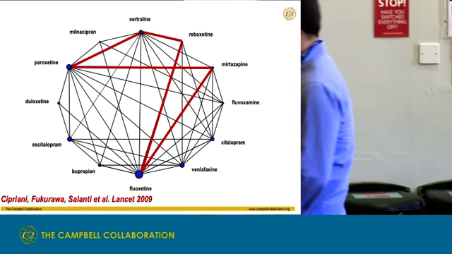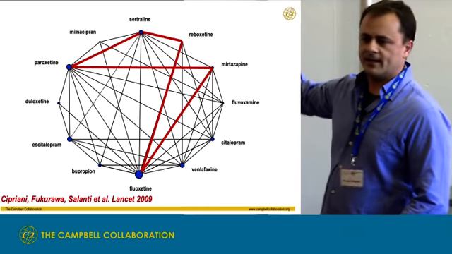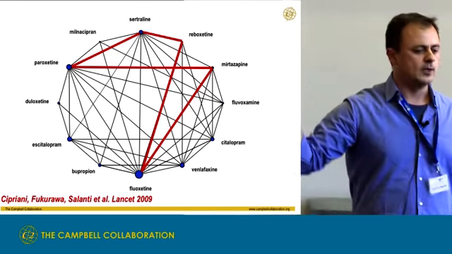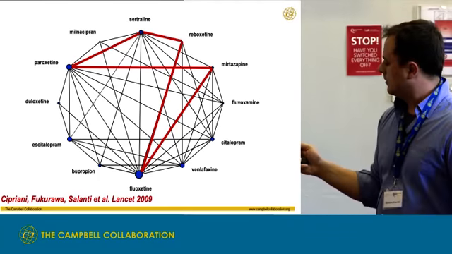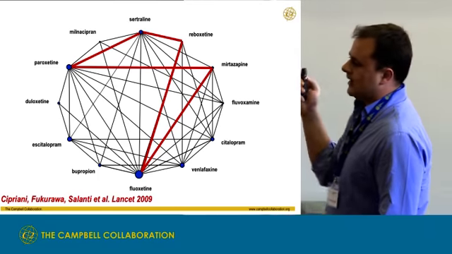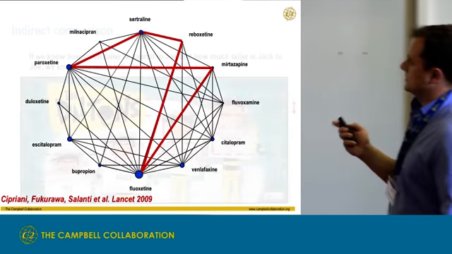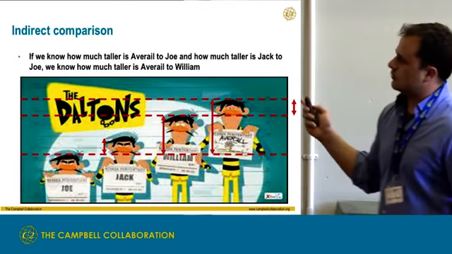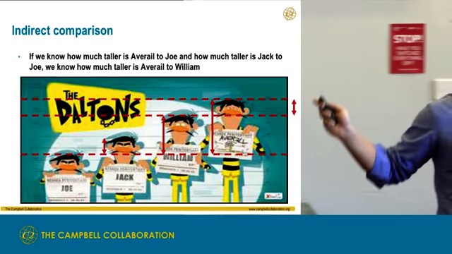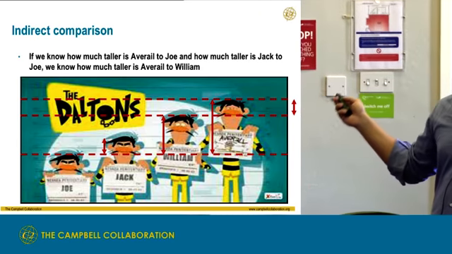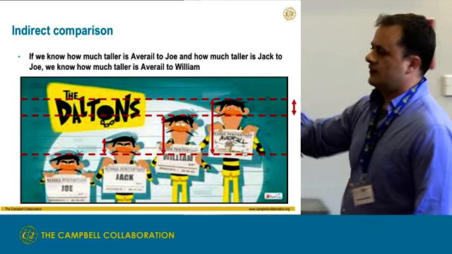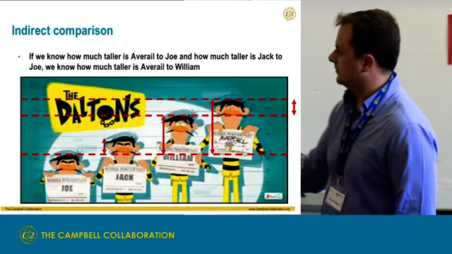So as I told you, you can go indirectly from any node to any other node. So the indirect comparison, the indirect evidence, is a key concept in network meta-analysis. So suppose that you have the Daltons, and you take one of them, the shortest one, to be the reference Dalton.